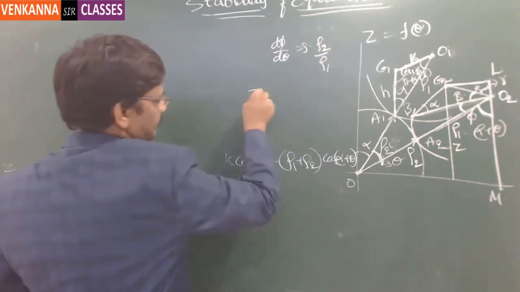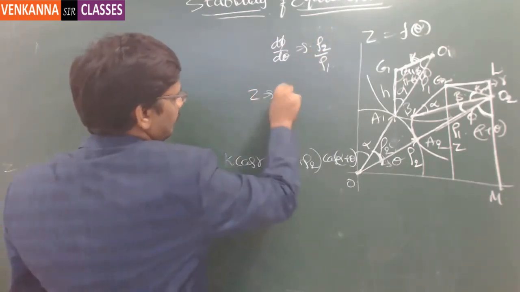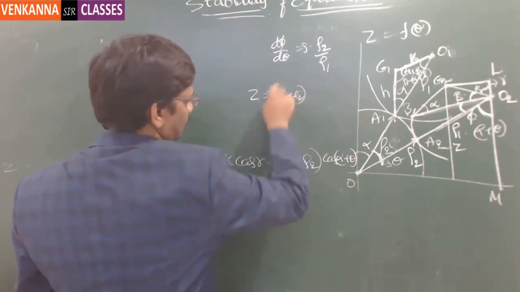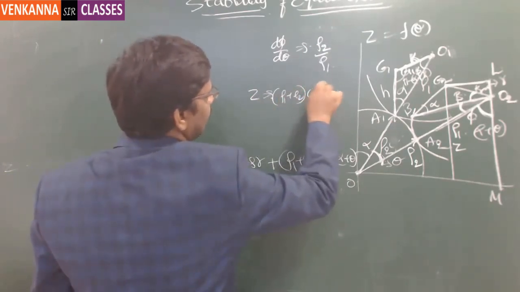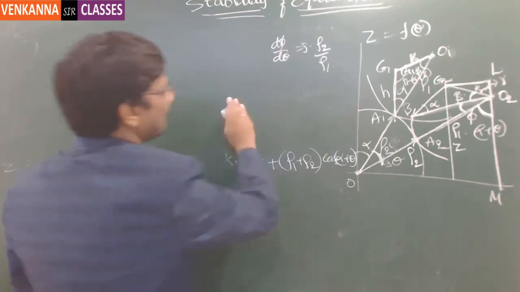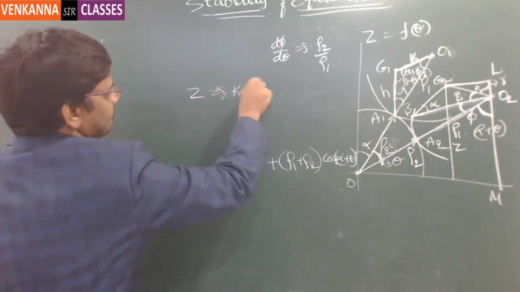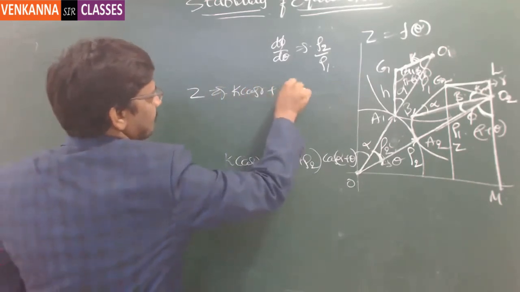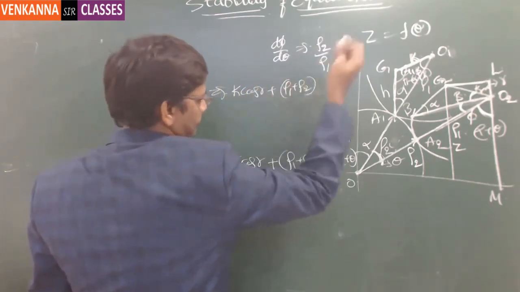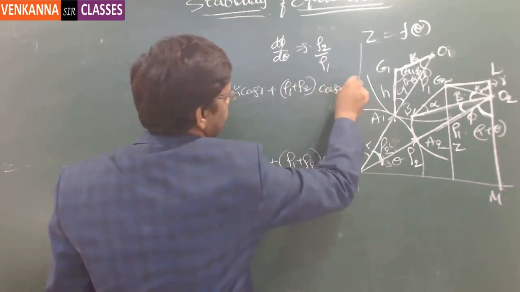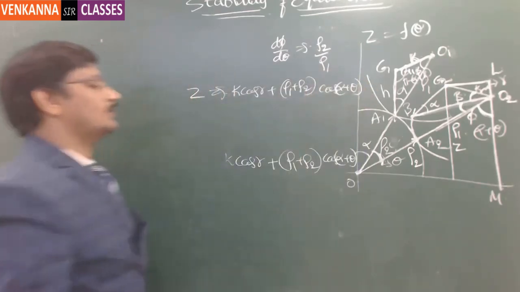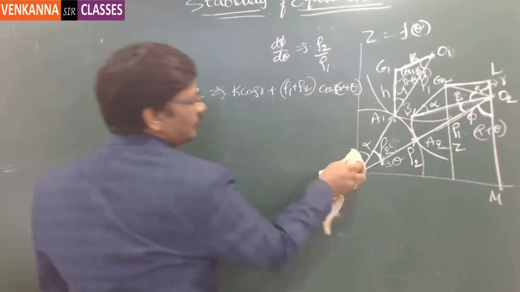And another relation is z can be expressed as rho 1 plus rho 2 times cos alpha plus theta. So these two values we have got, which are very, very crucial for us.